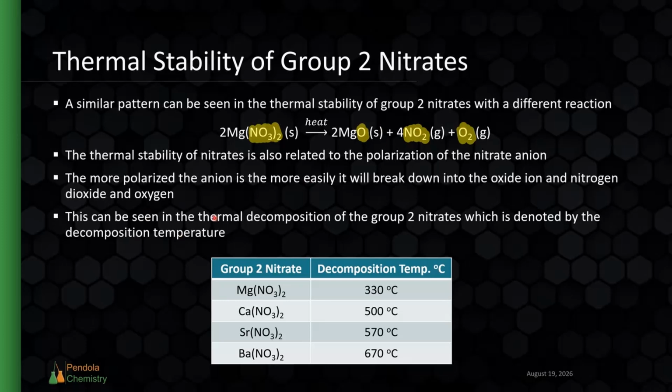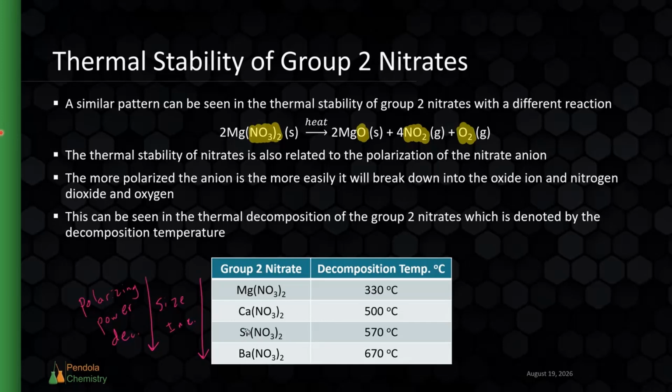Because of that, it can be seen in the thermal decomposition numbers, just like it was for the carbonates. We can see that because we have the same anion, we're looking at the cation. The cations, again, are group 2 cations, so as we go down, size is going to increase, meaning that polarizing power is going to decrease as we go down the group.